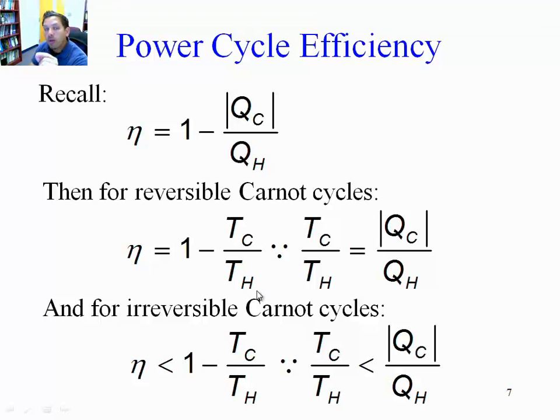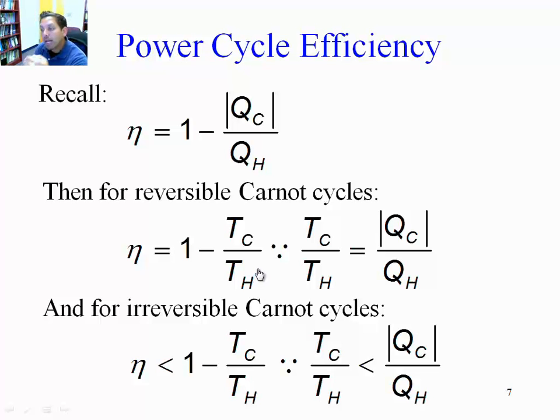However, when there are irreversibilities in this Carnot cycle, the ratio TC over TH is always less than the ratio of QC over QH, and therefore yields an efficiency that is less than the Carnot efficiency. That's why we can always conclude that the Carnot efficiency, 1 minus TC over TH, is the maximum possible efficiency achievable in a heat engine.